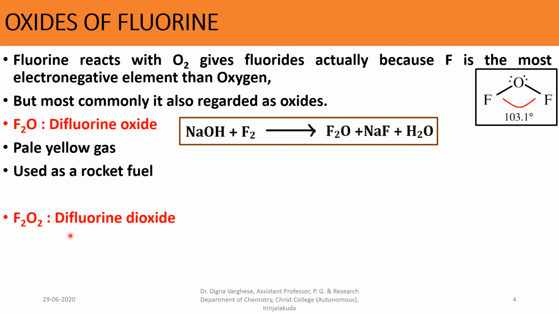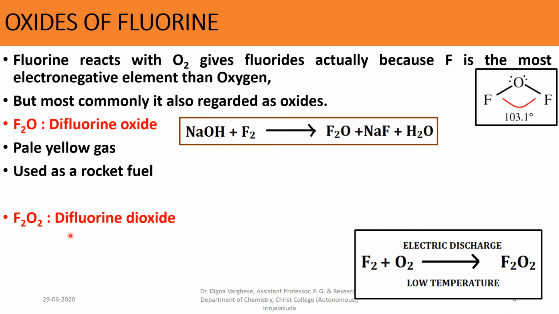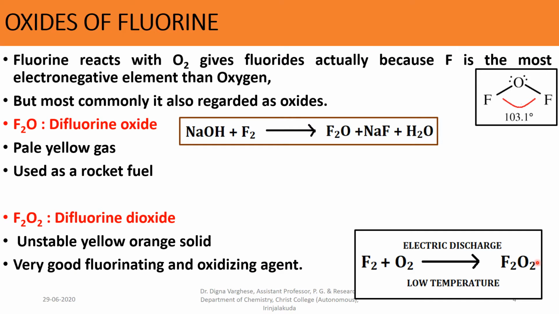F2O2, the difluorine dioxide, can be prepared by applying electric discharge on a mixture of fluorine and oxygen at very low temperature, forming difluorine dioxide. It is an unstable yellow-orange solid.